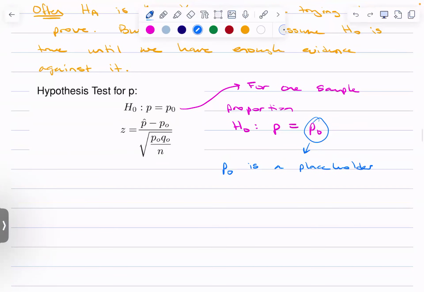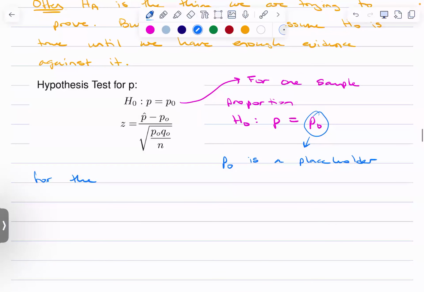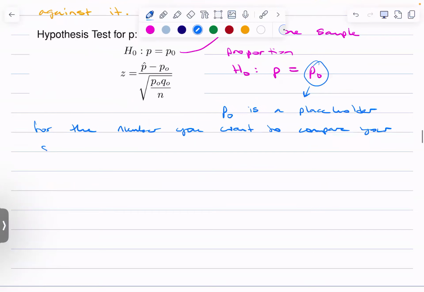So P naught is a placeholder for the proportion, the number that you want to compare your sample proportion to.